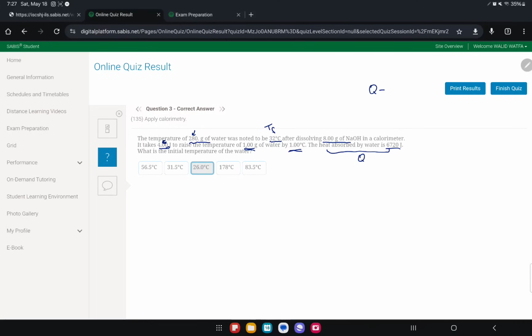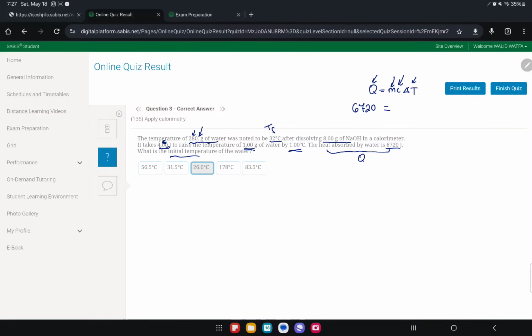You know the formula is Q equals mc delta T. Q is the heat energy, M is the mass, C is the specific heat capacity, which they gave here, and delta T is final temperature minus initial temperature. They want the initial temperature, so let's substitute. Q is 6720 equals the mass.